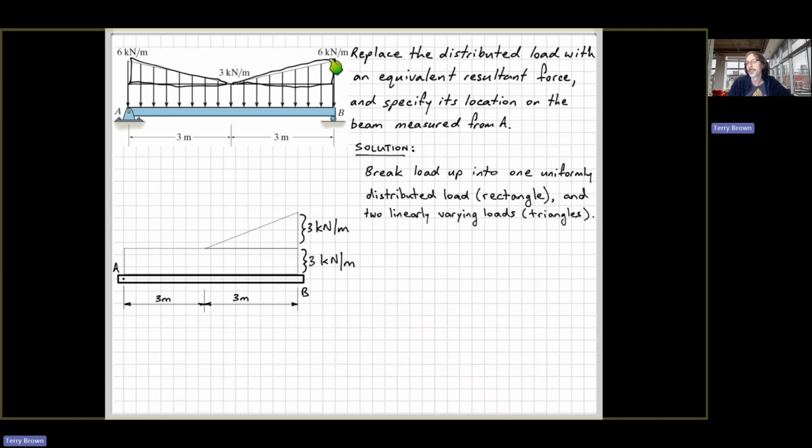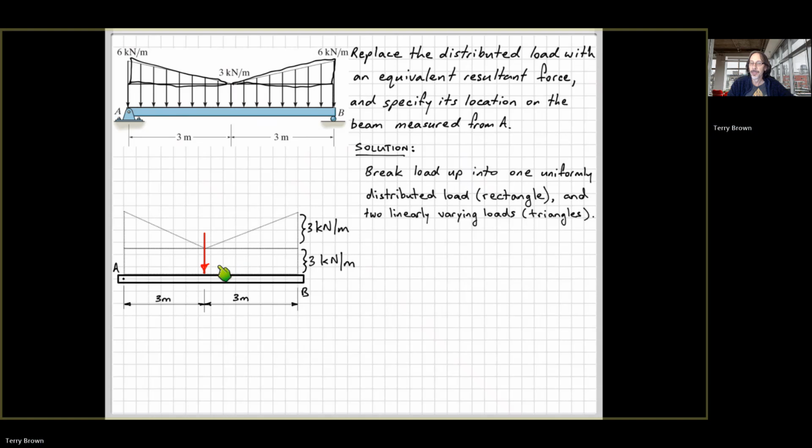Again, its total distributed load here is 6 kilonewtons per meter. So for just the triangular bit, we've got 3 kilonewtons per meter, and we've got the same on the other side.